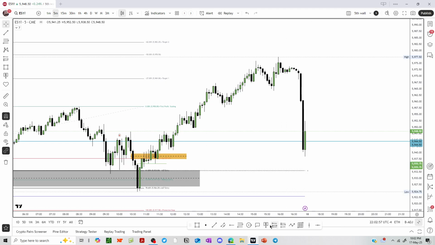Go long. So you got to get in somewhere inside of this inverted fair value gap. So you have a bullish fair value gap here for the pullback at 12. Then you have this expansion here.